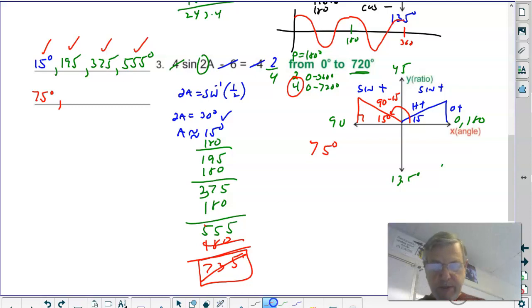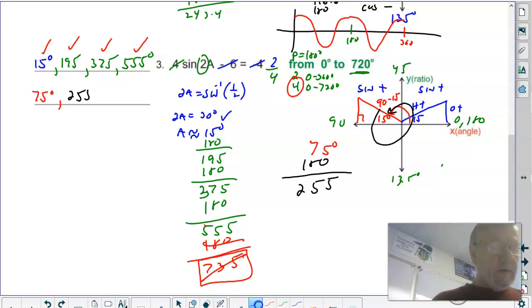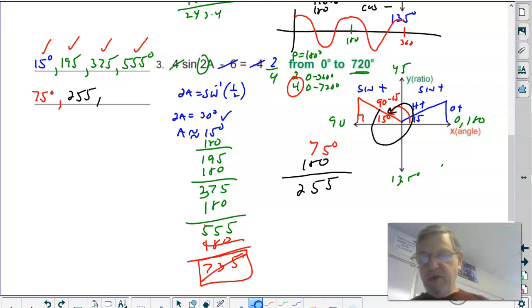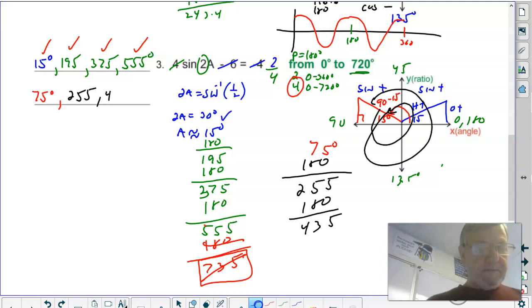Now again, notice, spin around 180 more. So just add 180. So now my second one is at 255, right? 255. Spin around again. So let's go around from there, another 180. And we are at 435.